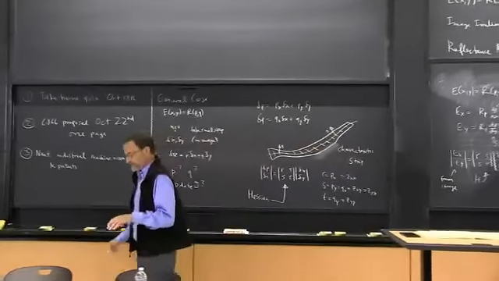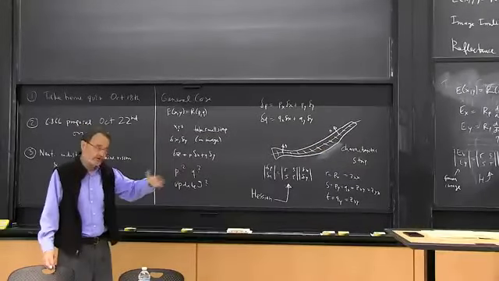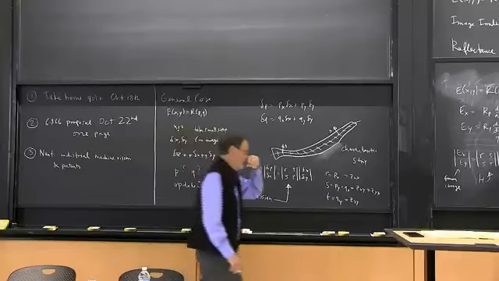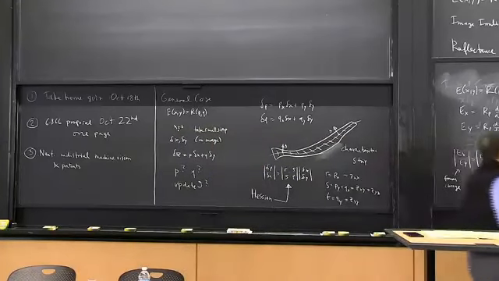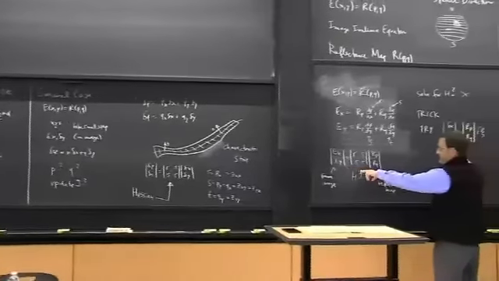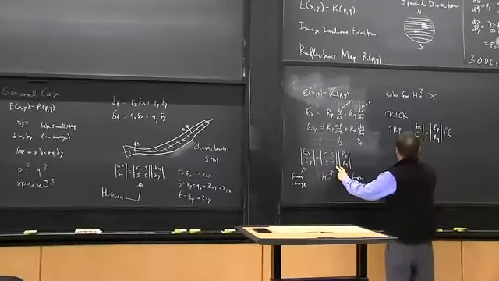Well, now maybe the direction is going to change as we explore the surface. Okay, so what happens if we try this? Well, then we plug that into that equation, and we get this.